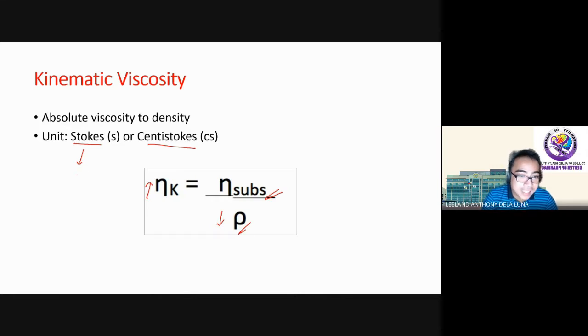So Stokes, class, is a unit for sedimentation. Okay, so pag sa ating kinematic viscosity, it talks about how fast will the solute settle, okay, with respect to your viscosity and density.